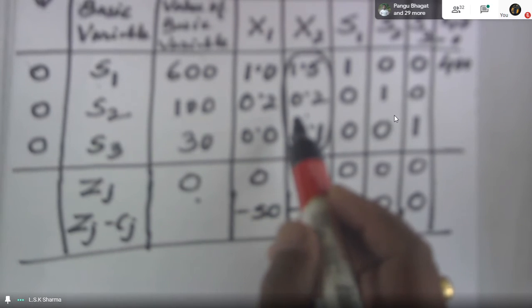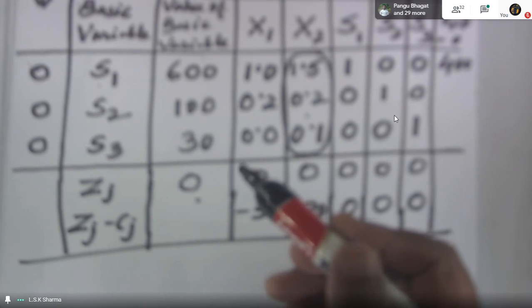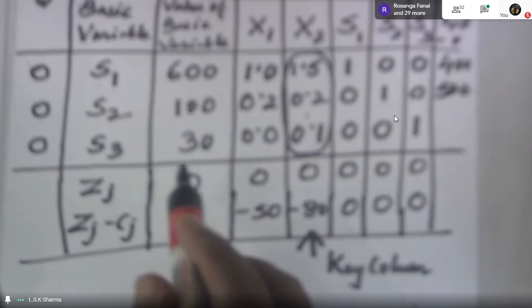100 divided by 0.2 is equal to 500. 30 divided by 0.1 becomes 300. So among these numbers, again we select the least positive number.